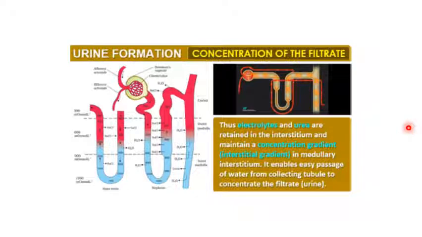So this causes the electrolytes and the urea to be retained in the interstitium, and the concentration gradient will be maintained in the medullary interstitium. This enables easy passage of water from the collecting tubule to the filtrate. That is, urine will be concentrated after this step.